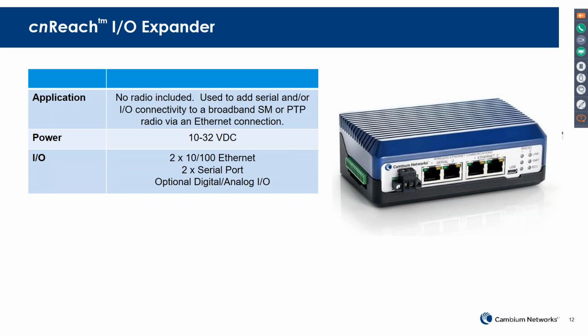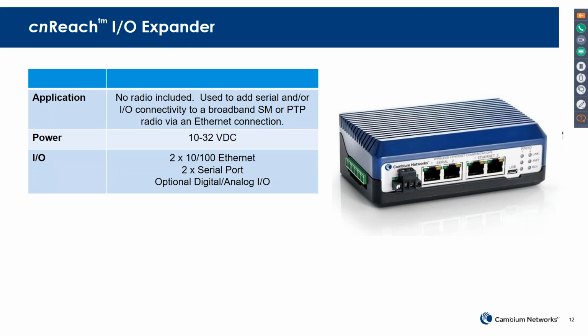The sole purpose of it is to provide serial to IP or IP to serial conversion, and also you can use it to connect your things to the digital analog I/O port. So you can connect your pump, your sensors to this green I/O port here.